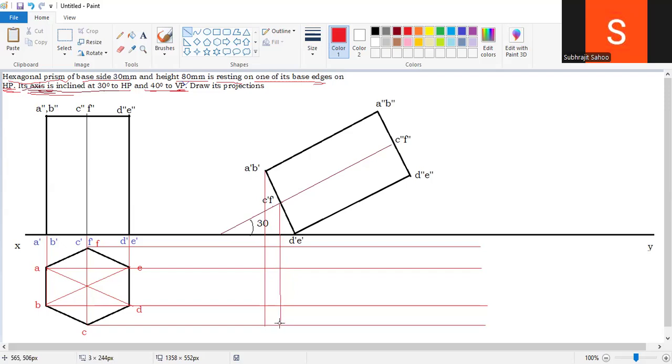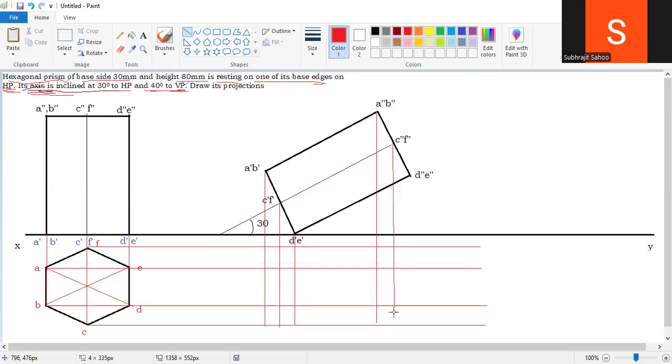Draw, only draw. See how much it is. Sir, draw from A double dash also. Okay.